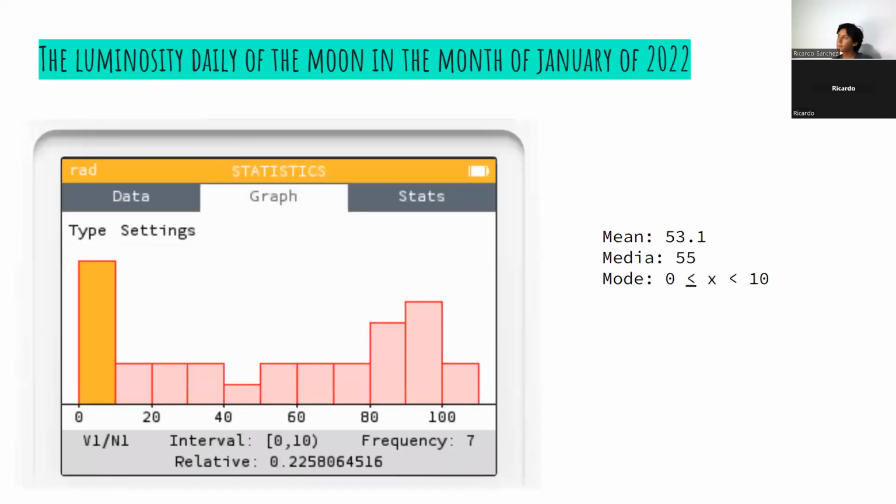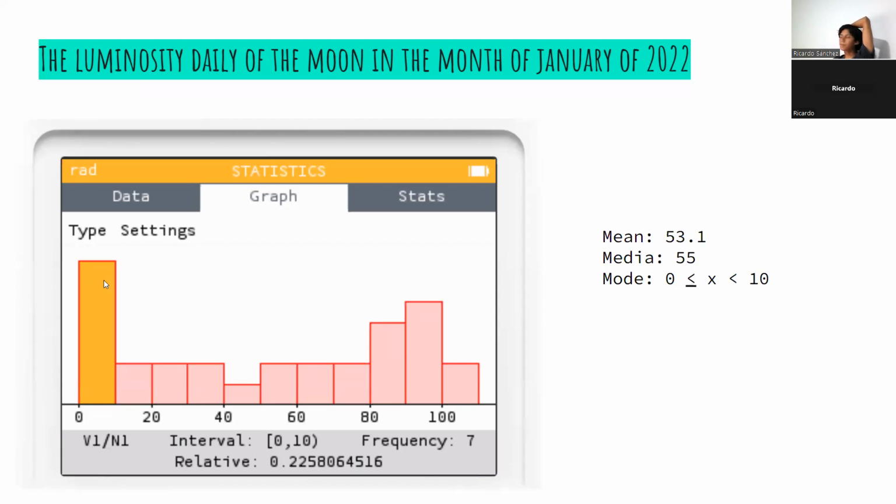Then the graphs. In here we know the mean is 53.1, the median 55, and the mode is between 0 and 10, more than 0 but less than 10.